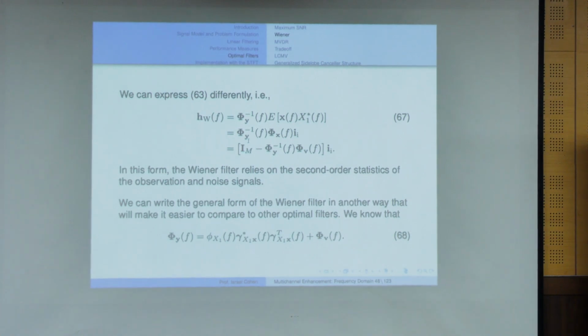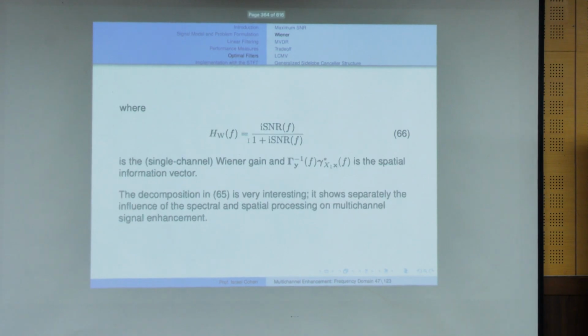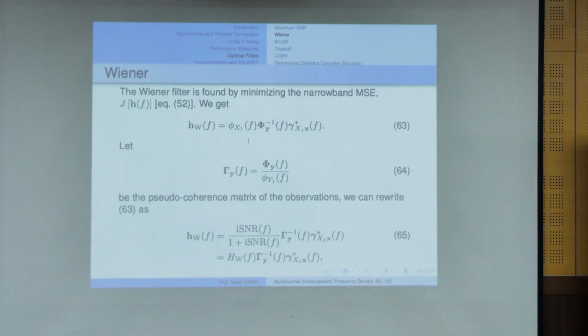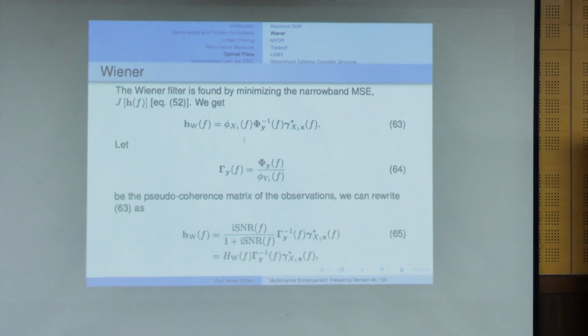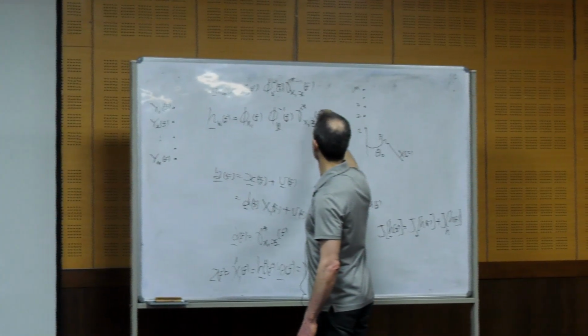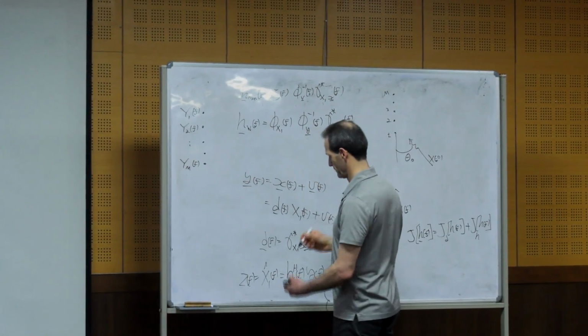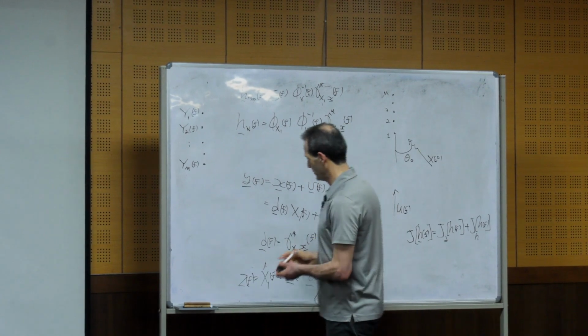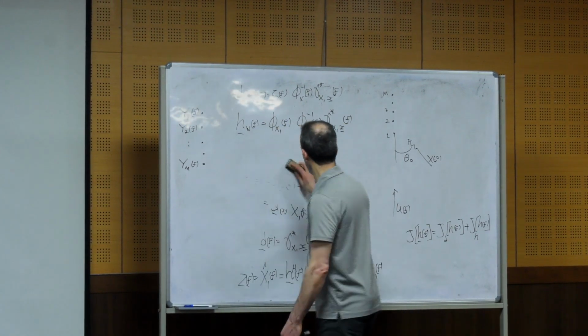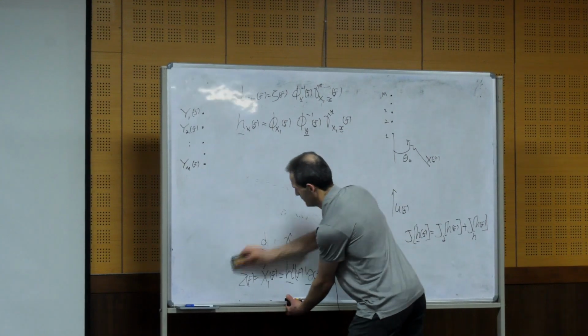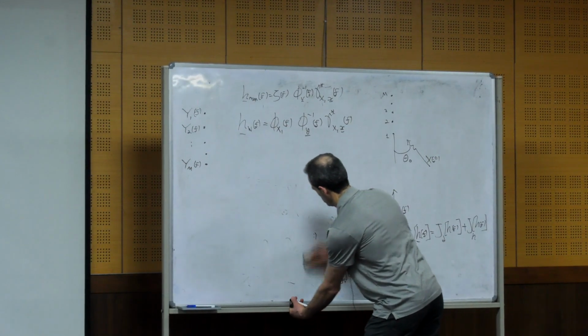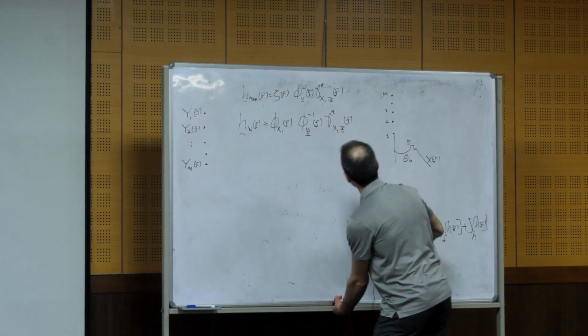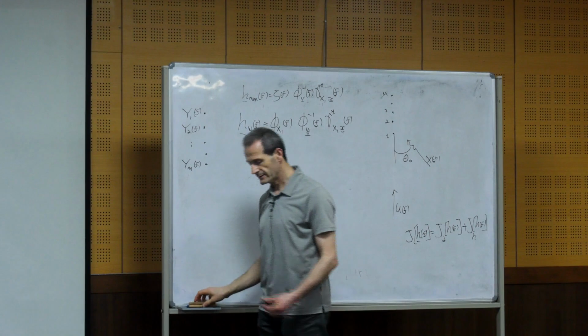Okay, I will go backwards. Phi y, the coherence function, minus 1 F, complex conjugate x1 x Fs. Okay. So instead of this vector, I can write something different.